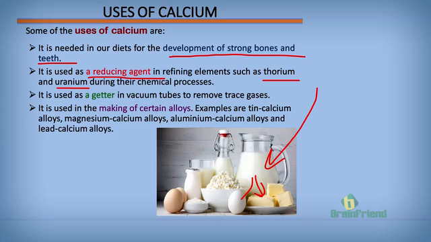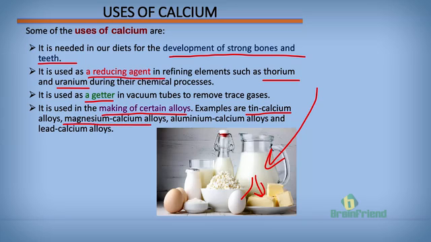It is also used as a reducing agent in refining elements such as thorium and uranium during their chemical processes. Another use of calcium is that it is used as a getter in vacuum tubes to remove trace gases. It is used also in the making of certain alloys. For example, we have the tin calcium alloy, formed by calcium and tin. We have the magnesium calcium alloy, formed by calcium and magnesium.